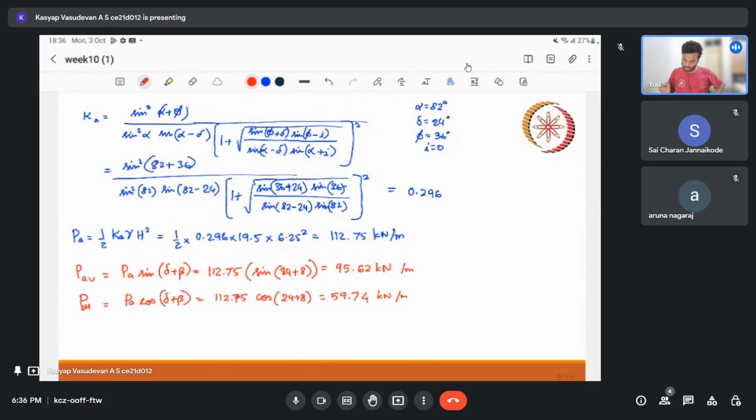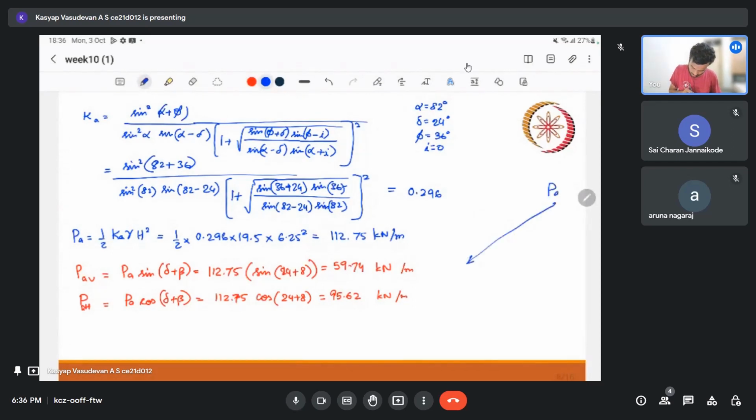Sorry, it's the other way, because cos, okay, so this is 95.62 and this is 59.75, because it's less than 45, so the cos has to be higher. So it looks like this.